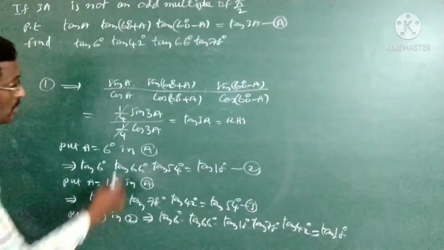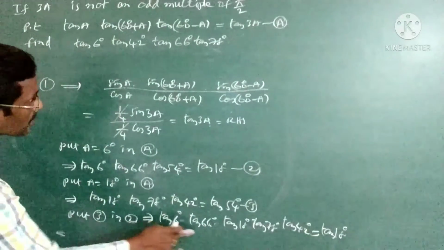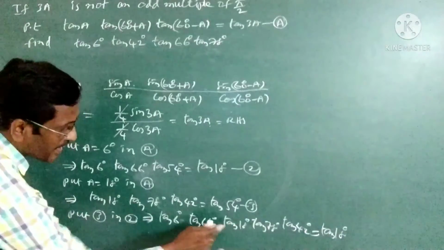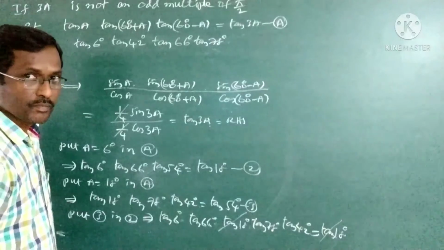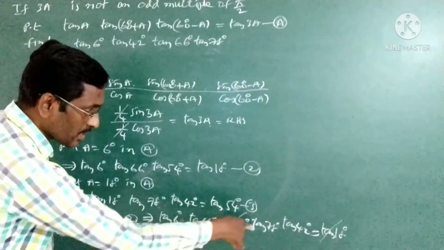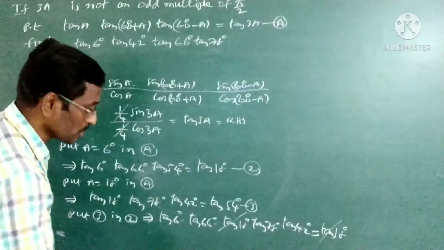Now see, 6 we have, 66 is there, 78 is there, 18 we have extra. But tan 18 we have on both the sides. So if you cancel that, the result of this equals 1. So that is the final answer.